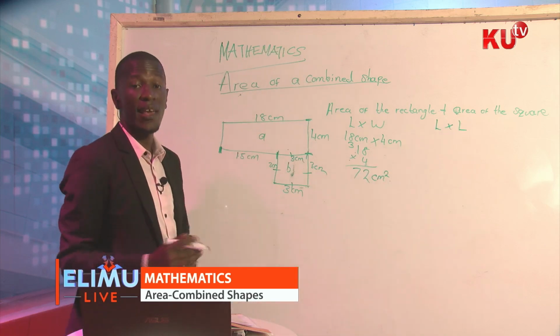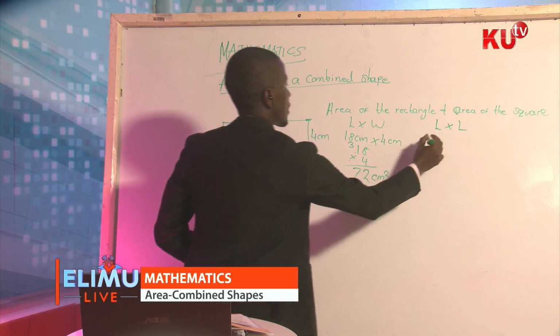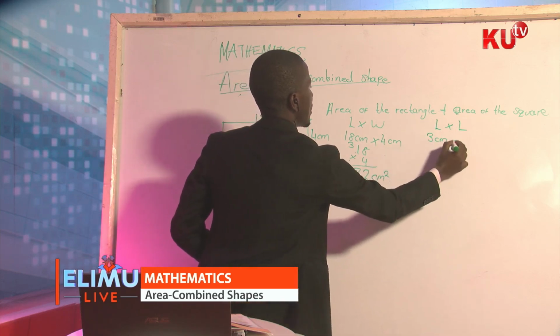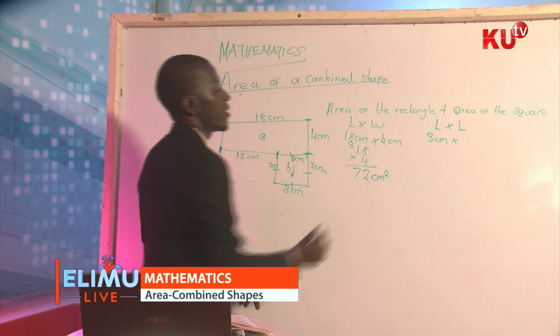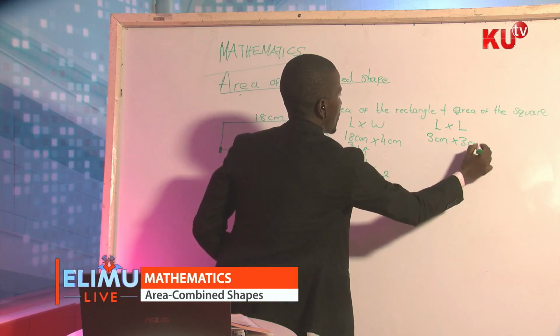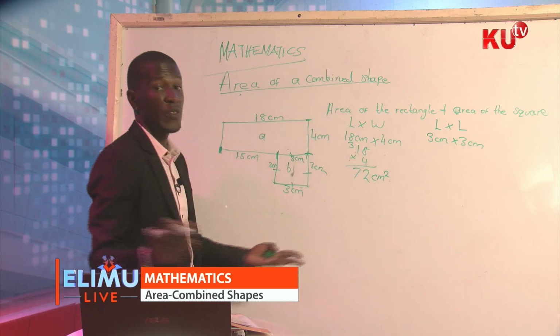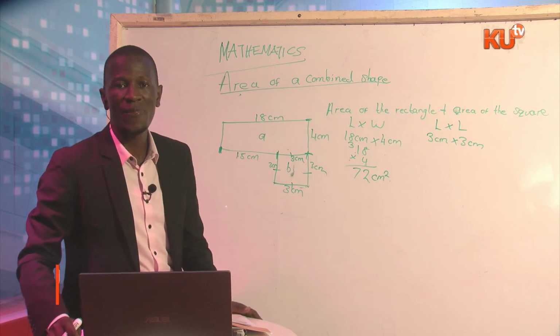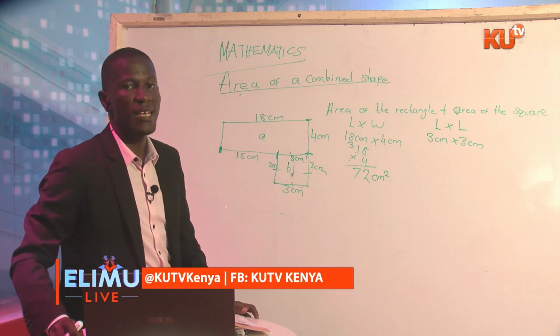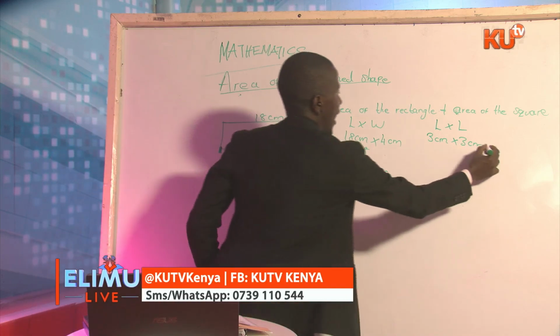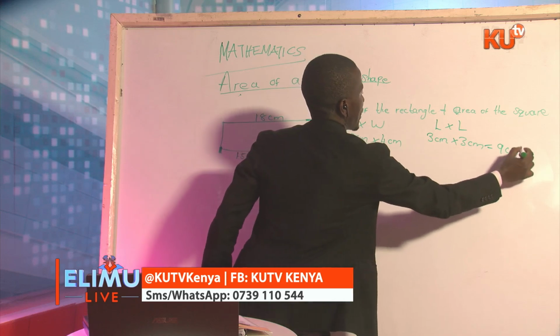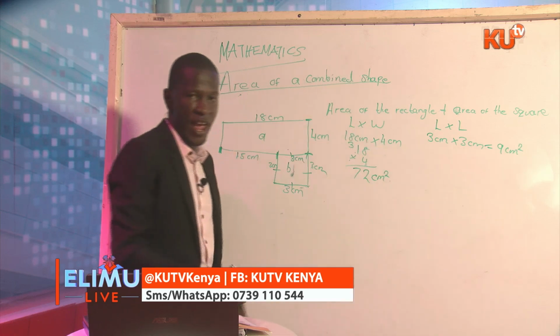And what is our length? Our length is 3 centimeters times 3 centimeters. So what is 3 times 3, learners? 3 times 3 is equal to 9 centimeters squared.